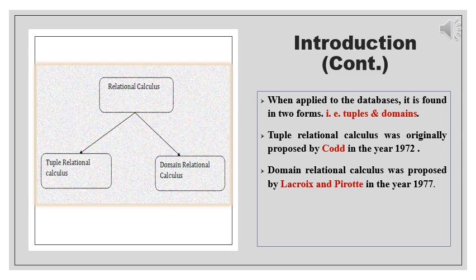Tuple relational calculus was originally proposed by E.F. Codd in 1972. However, domain relational calculus was proposed by Lacroix and Pirotte in 1977. It was discovered after the tuple relational calculus.